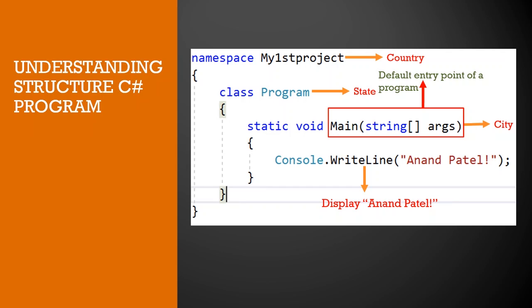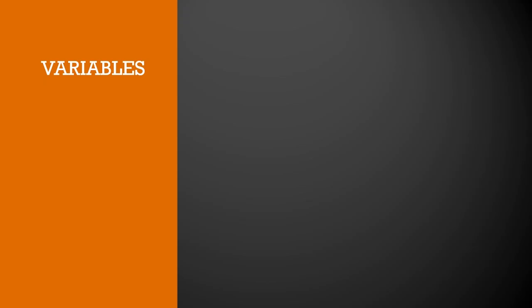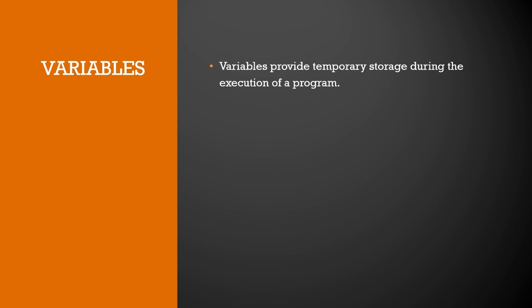Let's see, our next topic is variable. What is a variable? A variable provides a temporary storage during the execution of a program. The syntax of creating a variable has 2 types. First, data type and then variable name.